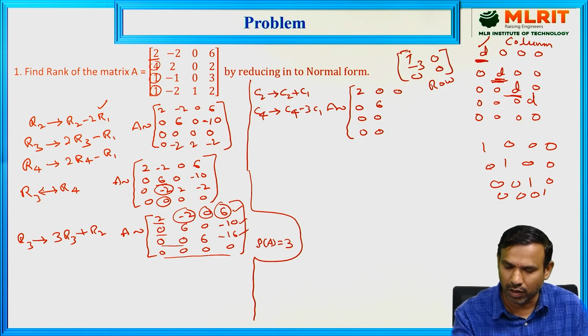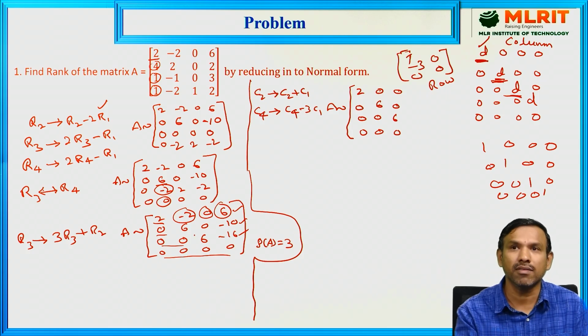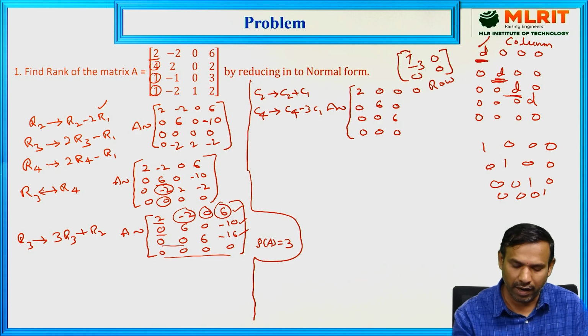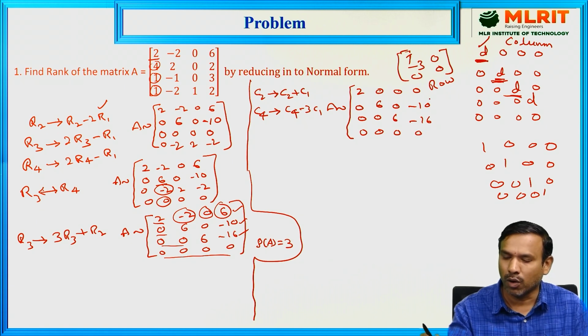That is 0, 0, 6 and 0. C4: what is C4? C4 minus 3 C1. 6 minus 6, 0. And remaining elements minus 10, minus 0, no change. Minus 10, minus 16, right? So here no change in the matrix.